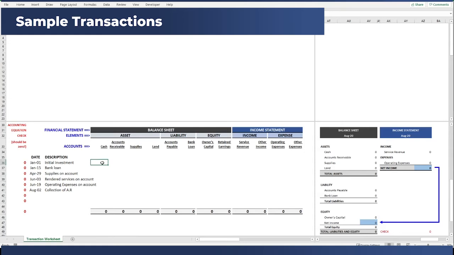always balancing. As an added bonus, a balance sheet and an income statement is presented at the right of the screen to show you how your balance sheet and income statement, or your financial statements, will look like as we enter transactions in the transaction worksheet.